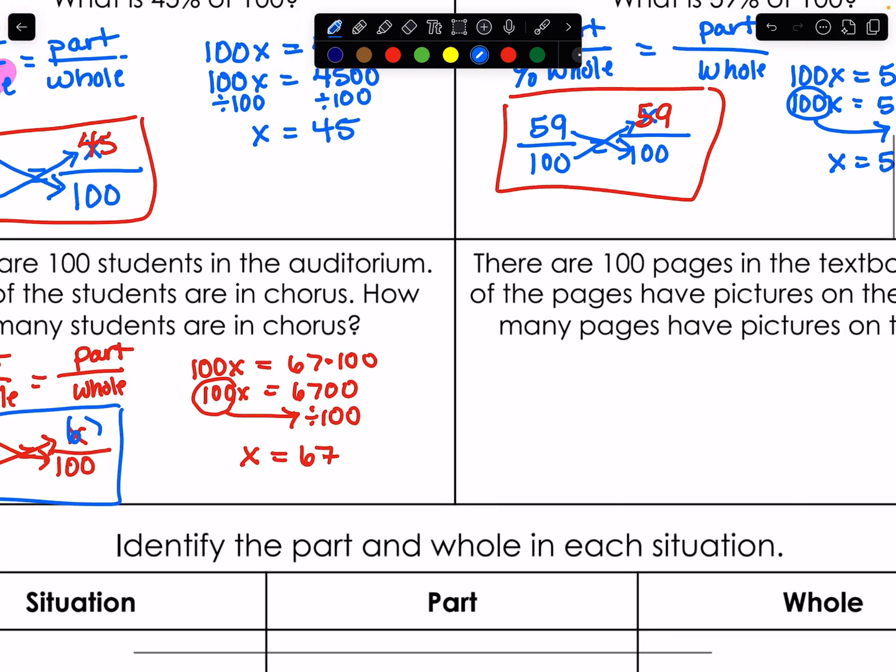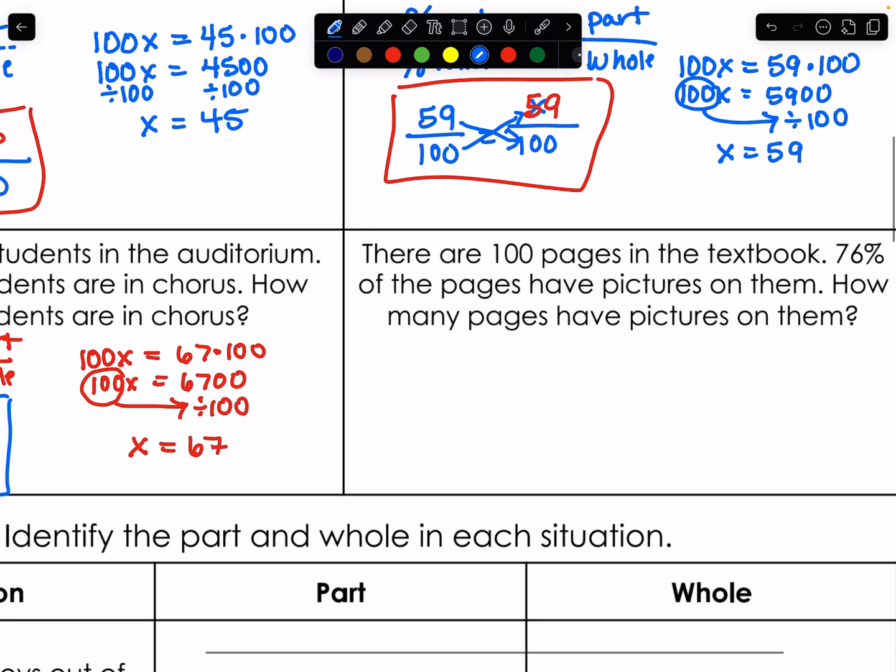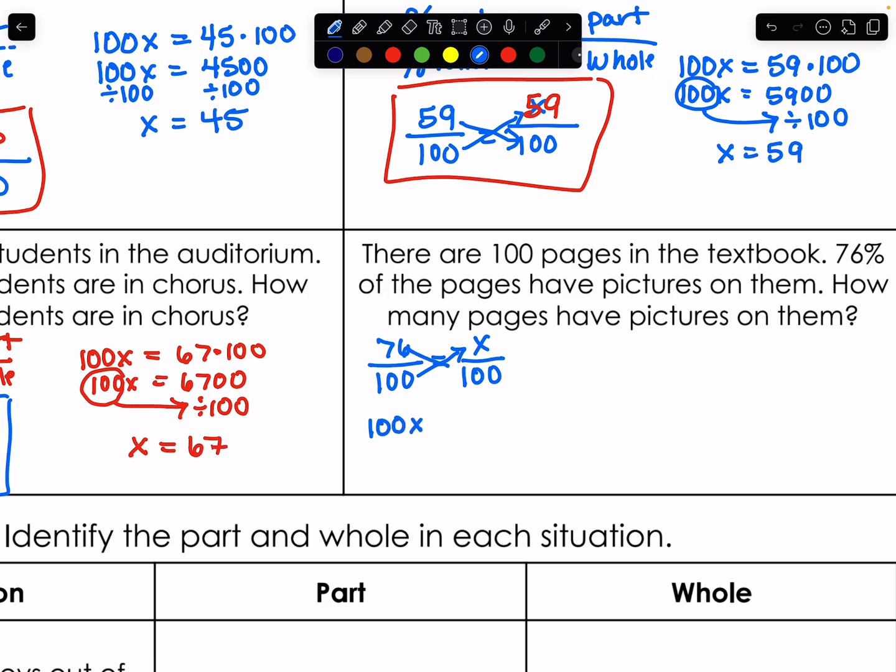This last one I'm going to set up again with my percents together. So 100 is on the bottom. It goes with 76. There's 100 pages, and we do not know, supposedly, how many pages is 76% of 100. But we're going to continue to show so that we are familiar. 100 goes with x. 76 goes with the 100.